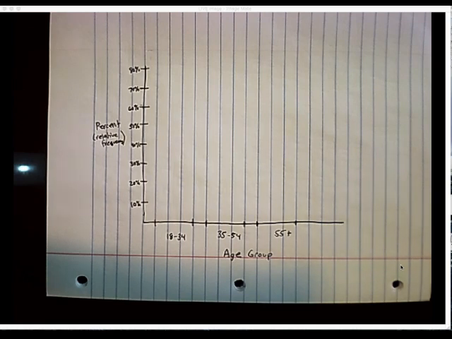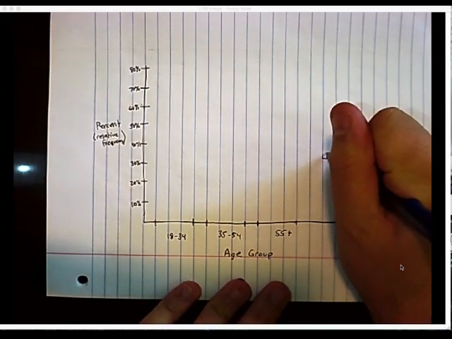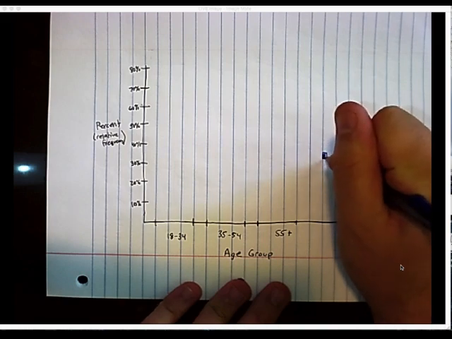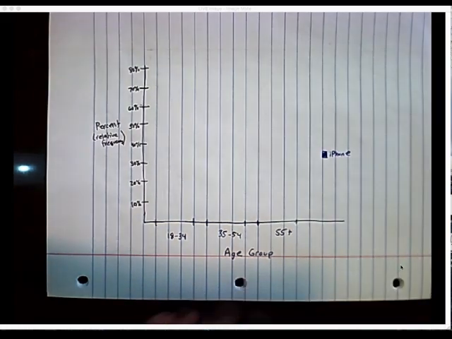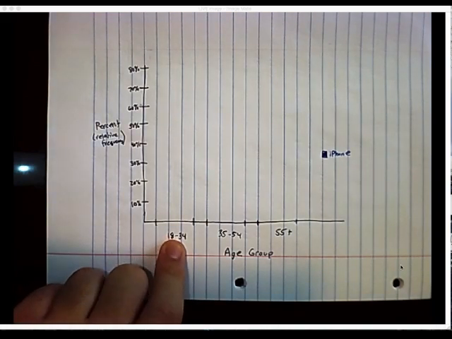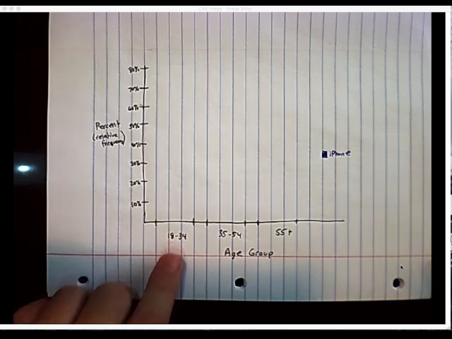Now, for each age group, I'm going to make 3 bars, and I'm going to give a little key over here. I'm going to do iPhone in blue. Of the 18 to 34 year olds, 32.69 are iPhone users.